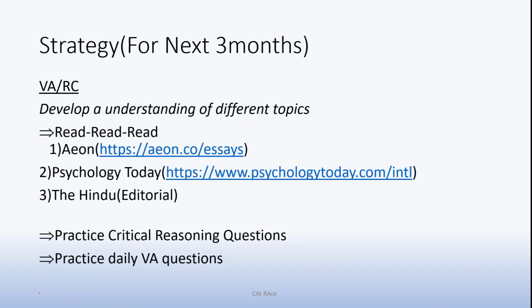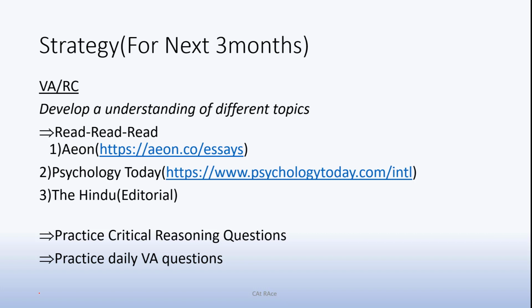Let's talk about what your 3 months strategy should be and how you should go about your preparation so that you can achieve the maximum of your potential in the CAT examination. Before starting your preparation, I would suggest you write a mock in the beginning to know your potential, your strengths and your weaknesses.